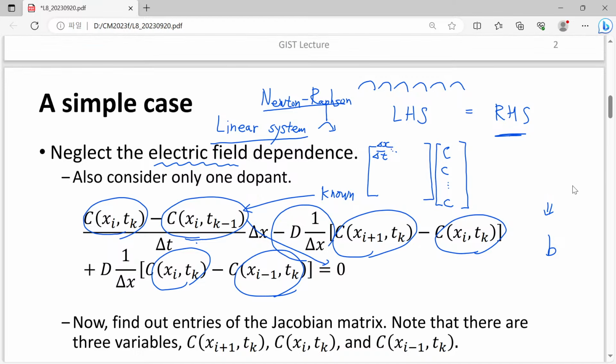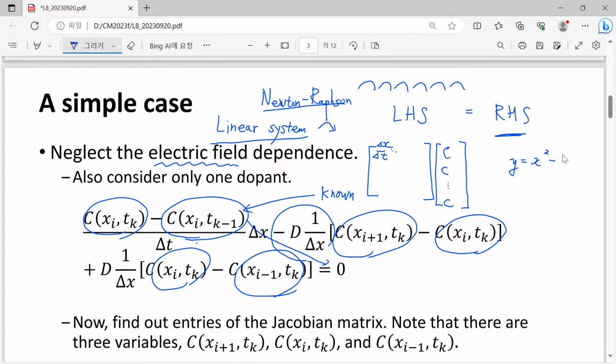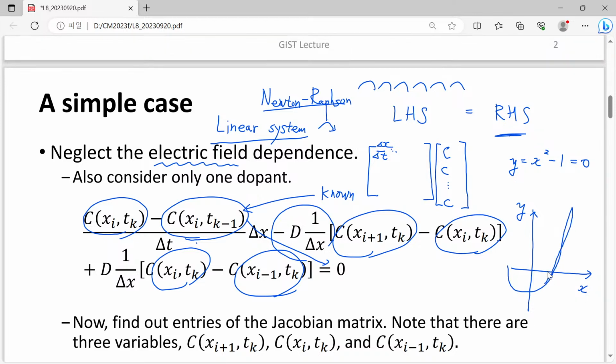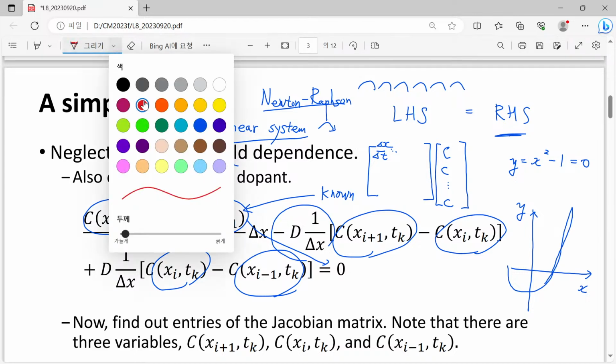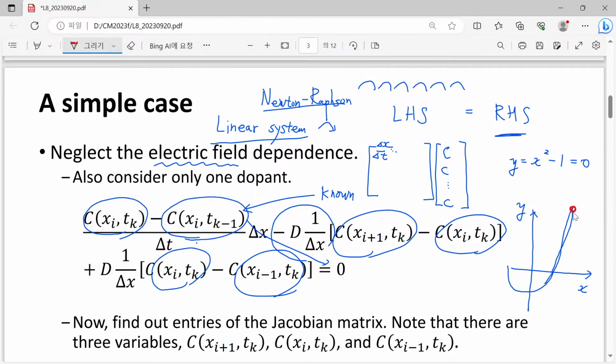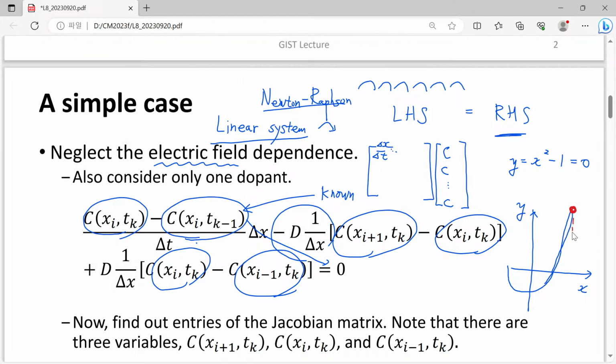Let me give you a concrete example. Let's say y equals something like this. We want to make it 0, so our equation can be drawn as y, and here we have a certain kind of graph like this. Sorry about that, but anyway, let's say that we have a wrong solution, an approximate solution which is not perfectly good.